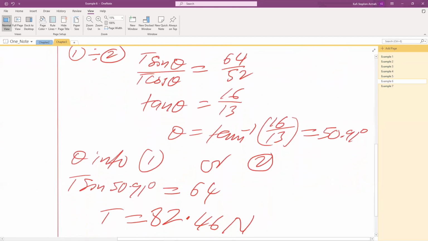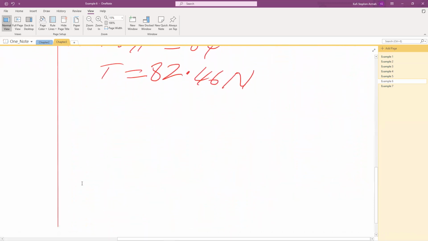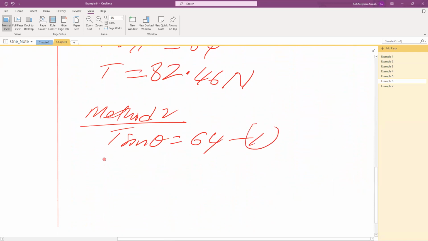Let me draw this down. So I'm going to show another way of going about it. That is method 2. After you've obtained t sine theta equal to 64, that was equation 1, and t cosine theta equal to 52, that is equation 2.